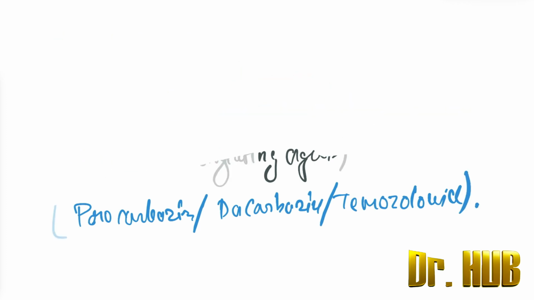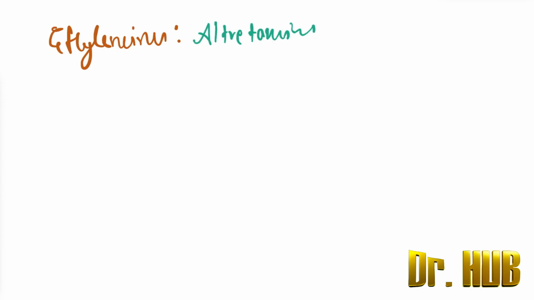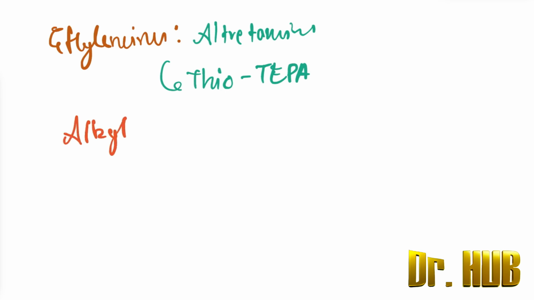Then the other heading will be the ethylenamines. Under ethylenamines, it includes altretamine and thiotepa. Next heading will be the alkyl sulfonates. Under alkyl sulfonates, it includes busulfan.